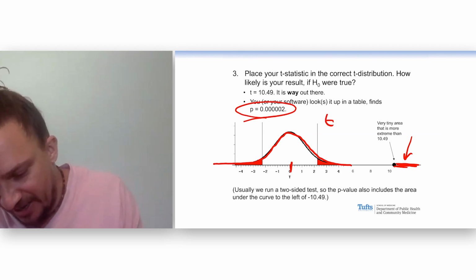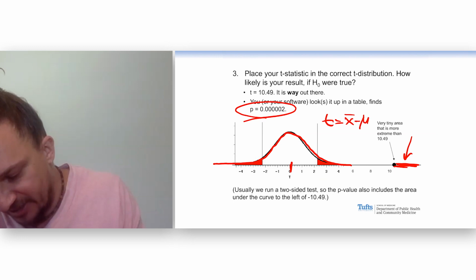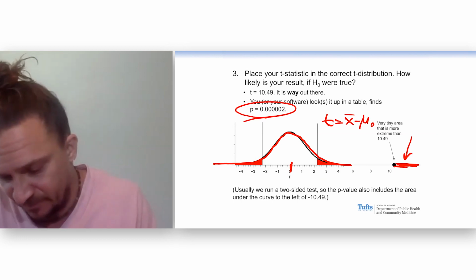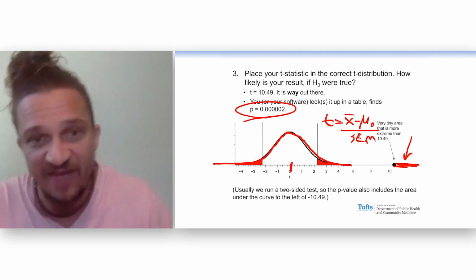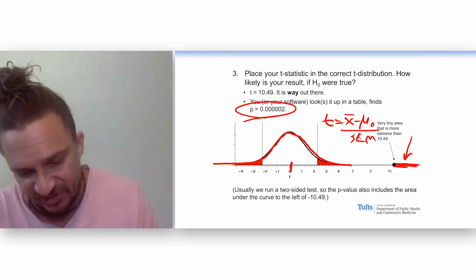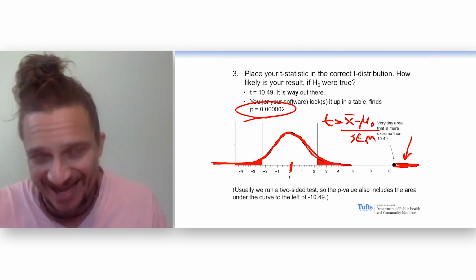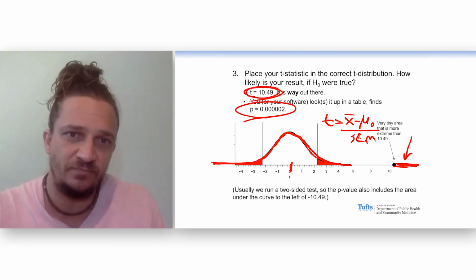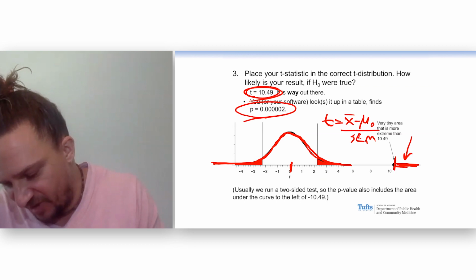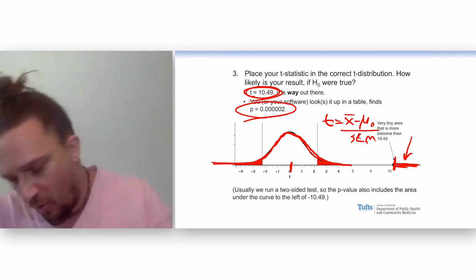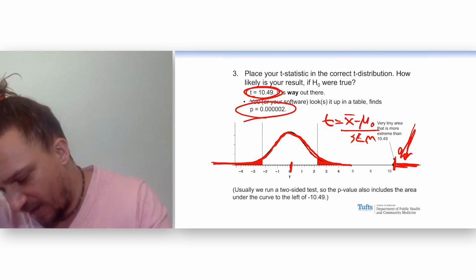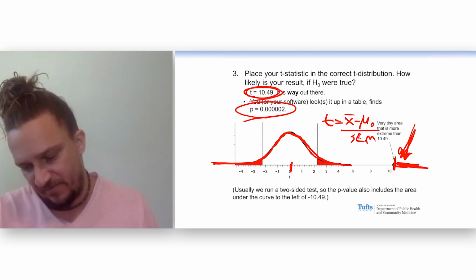Remember, T equals x bar minus the null hypothesis divided by SEM. So that's what this curve is, if it were true. And then the probability of observing a test statistic, that's T, of a given value, 10.49, what I got, or larger, that's the area to the right. And I just color in that area.